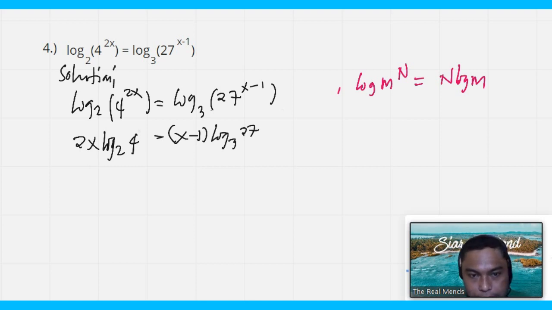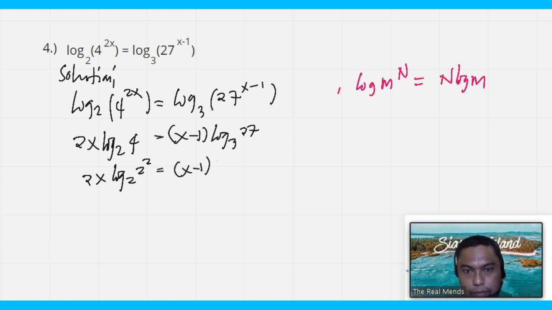We're going to factor out this 4 and this 27, so that one is a perfect square and the other is a perfect cube. So therefore this can be 2x log of 2 squared, and then this will be x minus 1 log base 3 of 3 cubed, because 27 is just equal to 3 raised to 3.